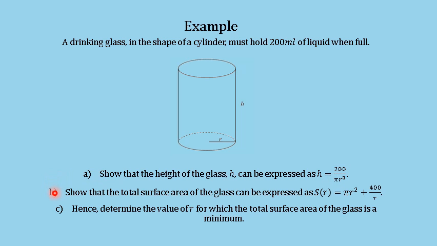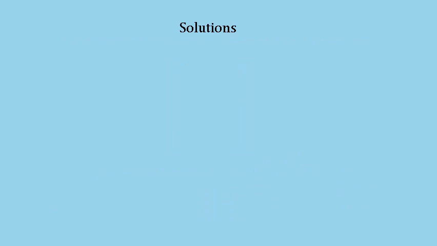Number B. Show that the total surface area of the glass can be expressed as S of r equals pi r squared plus 400 over r. Number C. Hence, determine the value of r for which the total surface area of the glass is a minimum. Solutions.